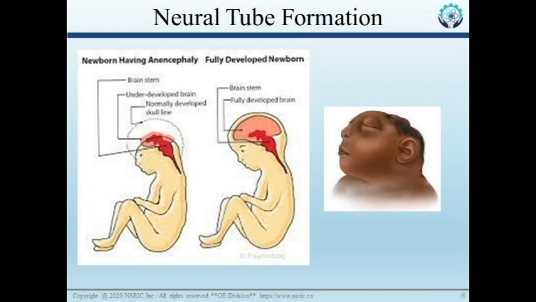So in addition to the formation of the neural tube, another remarkable process unfolds simultaneously with this, and that is neural crest cell migration. These cells derived from the neural tube start a journey to various regions of the embryo. And as they migrate, these neural crest cells contribute to the formation of various structures, including facial bones and cartilage and some components of the peripheral nervous system.